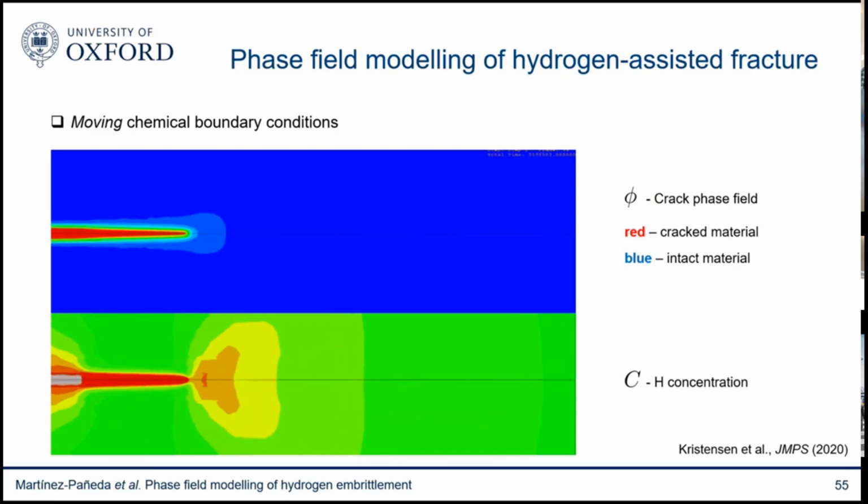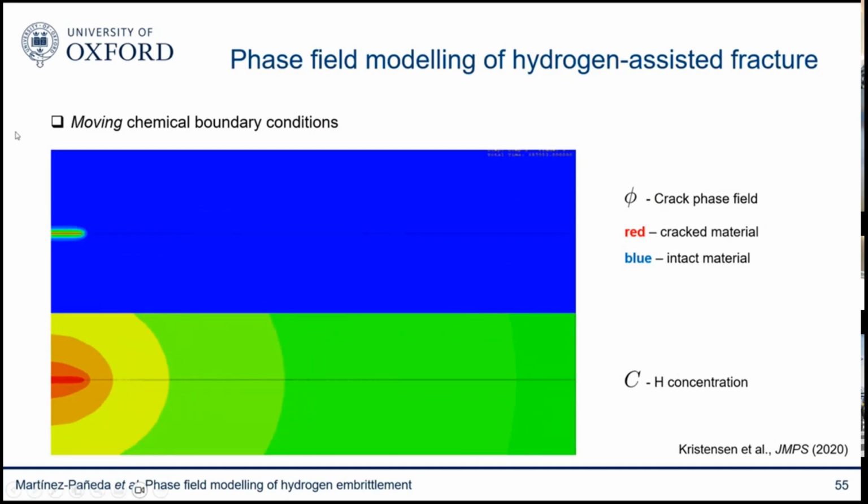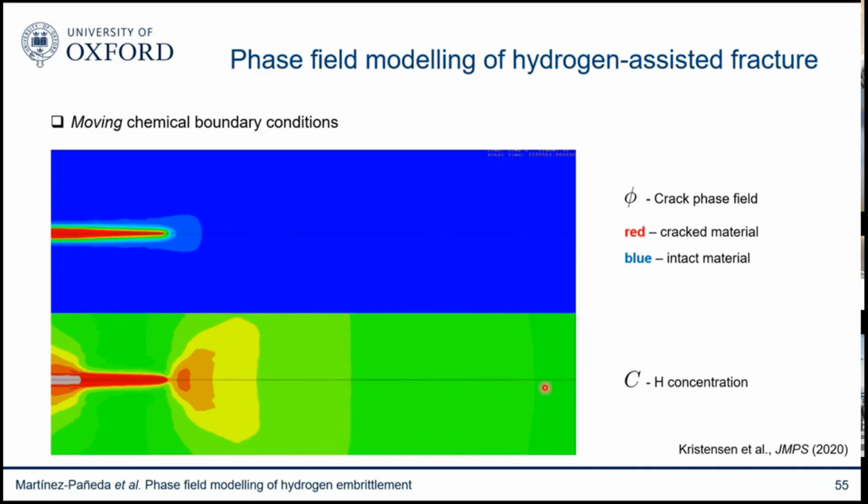And in this kind of phase field models that is really straightforward to incorporate, because the phase field is a marker. So it's telling you where your crack lies. You can see it here, the phase field growing at the top, and then using a penalty condition, or you can use an enhanced diffusivity, you can capture how, as the crack propagates, your hydrogen concentration from the environment immediately follows.